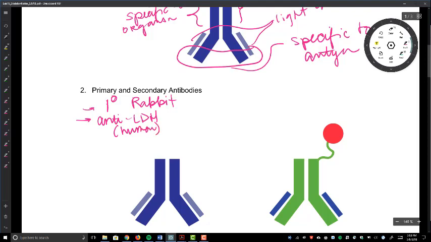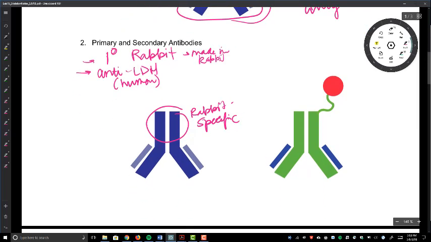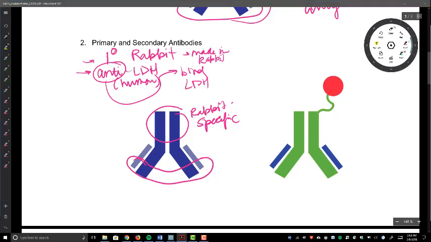The rabbit antibody means it was made in rabbit, so this part is going to be rabbit specific, whereas anti-LDH is talking about the bottom part, and that anti means it's going to bind LDH. So this part down on the bottom binds LDH specifically.